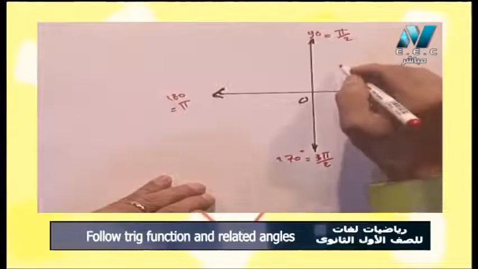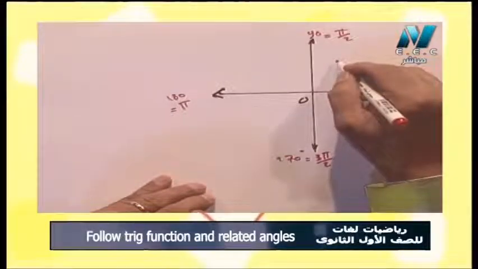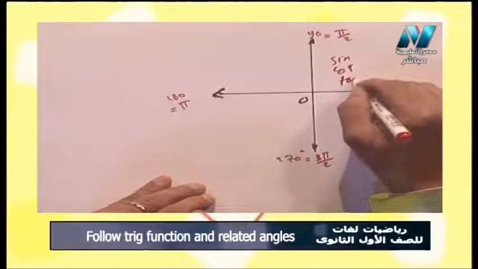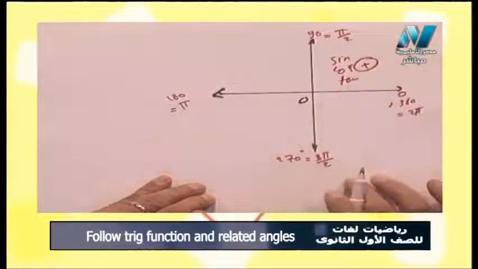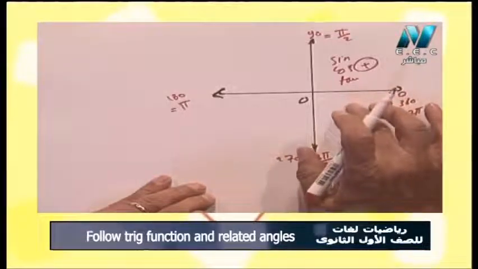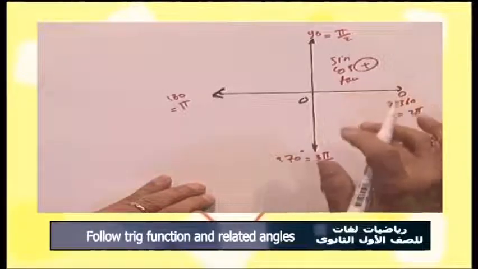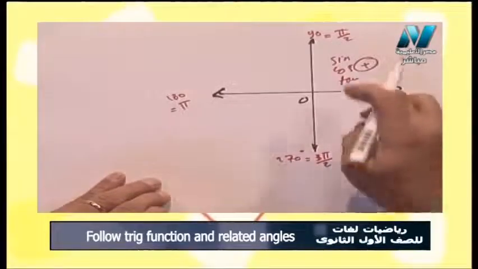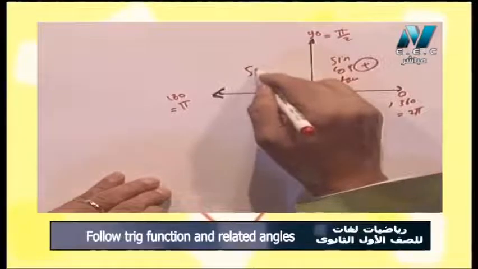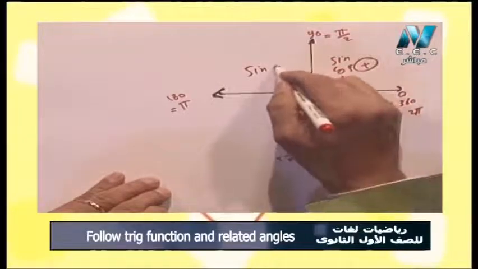Yes, all of these functions, sine, cosine, and tan here are positive. Concentrate, because it is important for you, not only this year, but in following years, inshallah. Sine, cosine, and tan positive here, and sine is positive here.